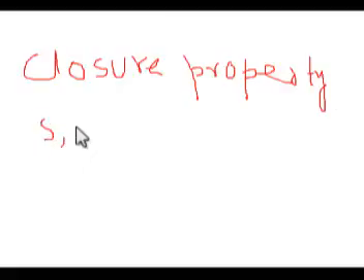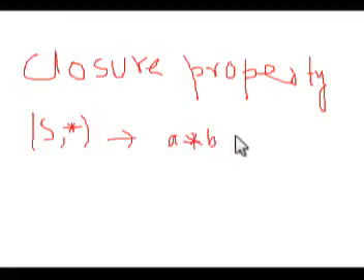I am now using a star in place of omicron as the binary operation. So any two elements in this set with this binary operation, like A star B, must exist in the set S.